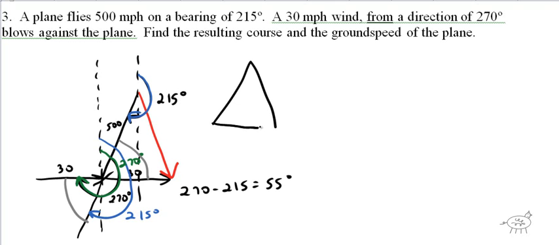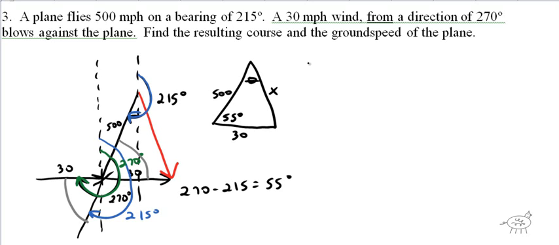So if I make a quick sketch now, this is 55 degrees. This is 500 miles an hour. This is our 30-mile-an-hour wind. And I'm looking for x and the angle, right? It's going at 215 degrees. I'm also looking for theta here, because that's going to tell me which way is it blowing. So we'll do the ground speed first.